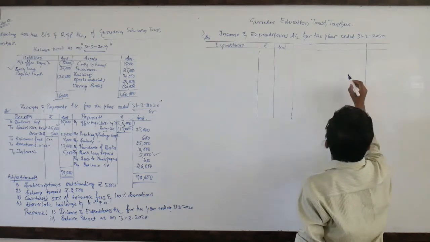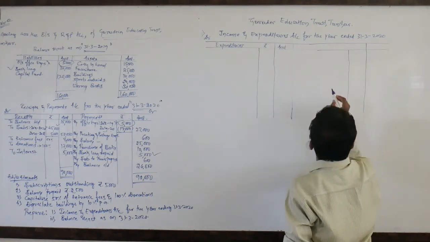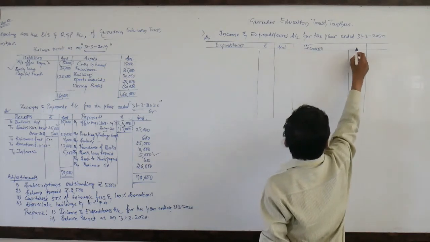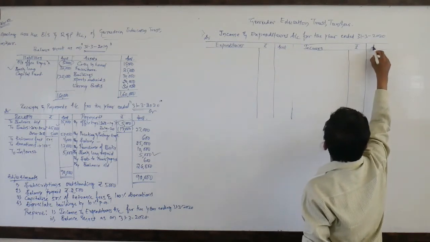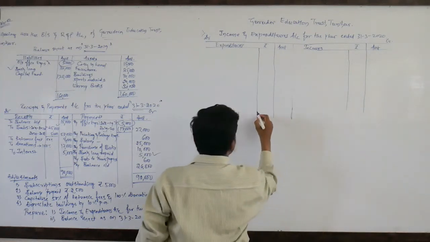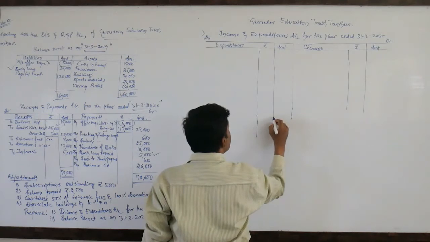This one is the outer column, inner column, incomes. Rupees, amount, CR.